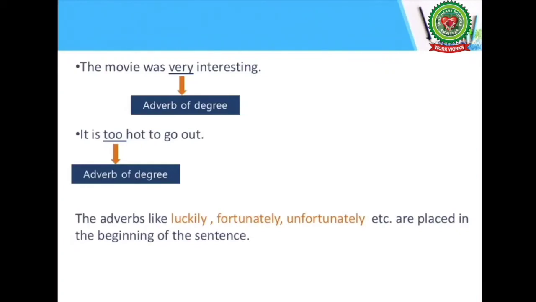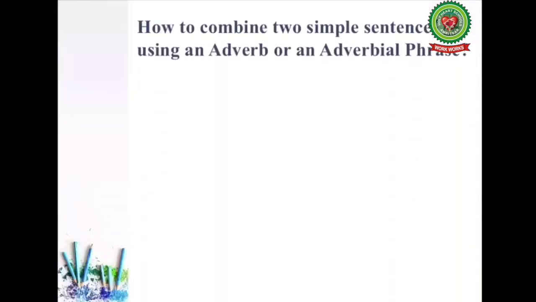Now next, the adverbs like luckily, fortunately, unfortunately, etc. are placed in the beginning of the sentence. Example, unfortunately, he lost all his money. Next, children, come to the topic, how to combine two simple sentences by using an adverb or an adverbial phrase.